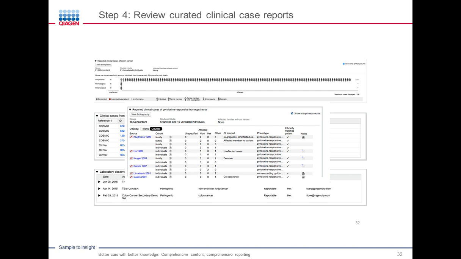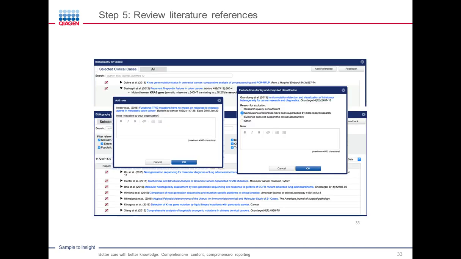Once you've done your due diligence of looking across the literature and the clinical cases, you can then review some of the scientific literature to see whether you believe the criteria that are triggered and the supporting evidence.